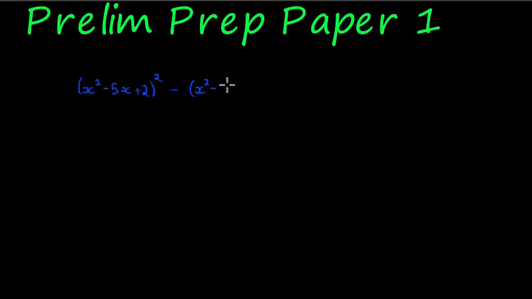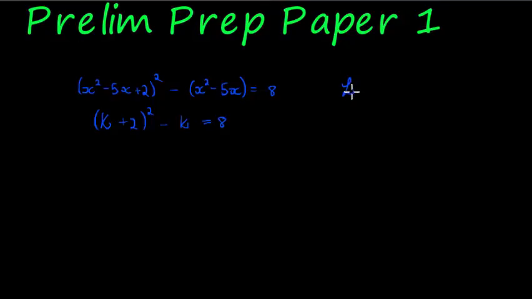X squared minus 5x is equal to 8. Okay, so now notice how easy it becomes when I just make this a k plus 2. This thing is squared minus k, because I'm making this whole thing equal to k, is equal to 8.